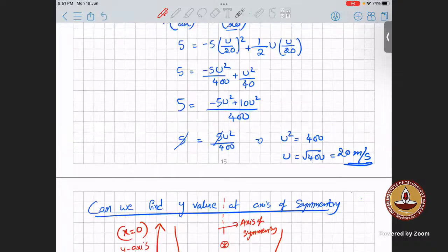Sir, is the derivation part important? No, derivation part is just to understand why a quadratic function's slope depends upon the coordinate. You need to understand that. That's why I explained it. But sometimes it is important.